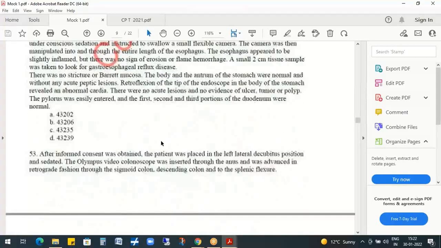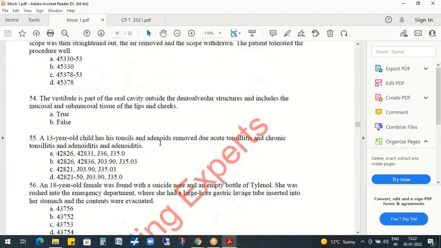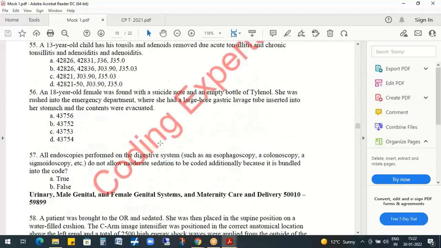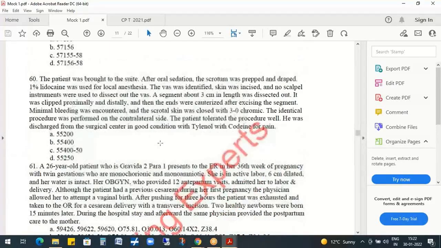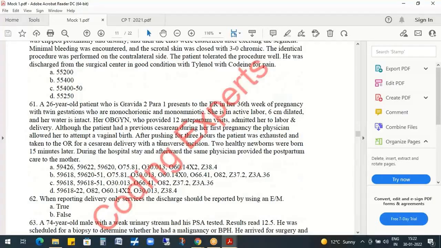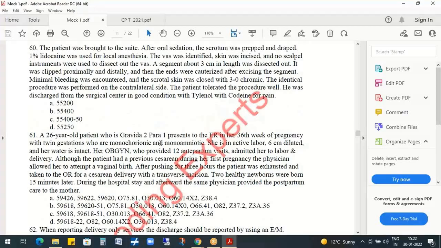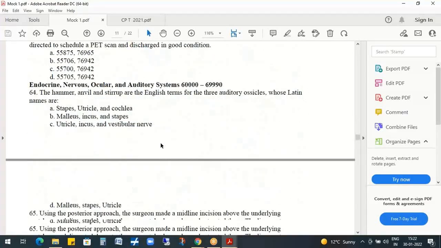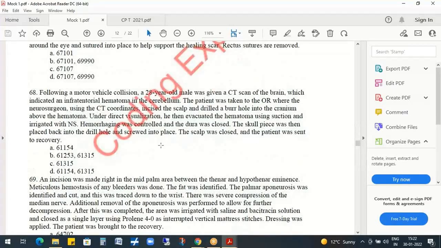Okay. Up to 55. Any doubts? Up to 60. Any doubts? 60 to 70, up to 70 you can check, everyone.